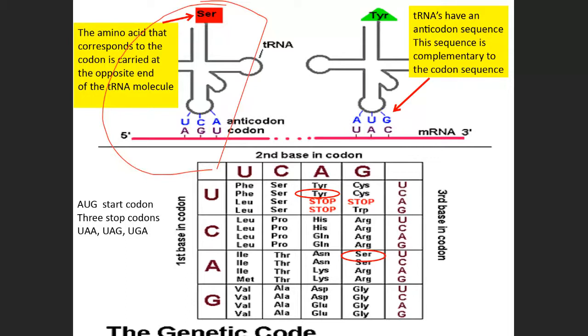Ribosomes are just a place, a location. That's basically all they do. The actual translation is being done by the transfer RNA. The transfer RNA is an RNA molecule that is described as a clover, like a four-leaf clover, but it has at one end an amino acid attached to it.